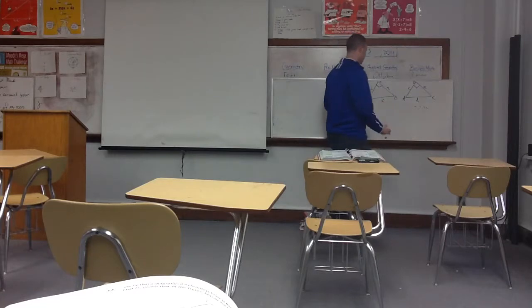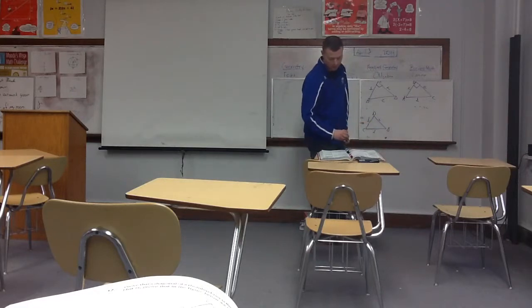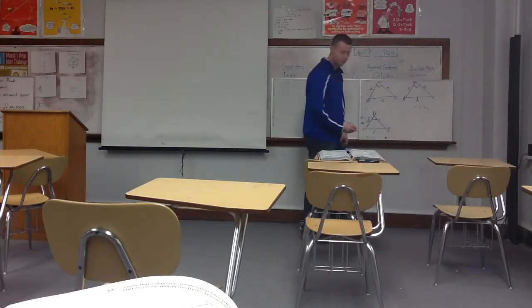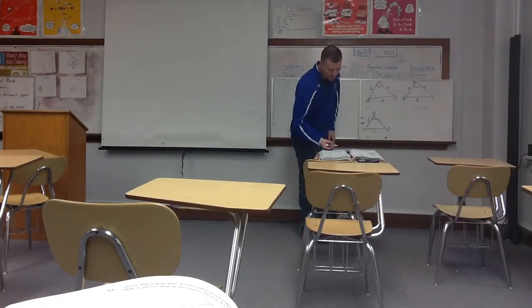And then the last one, we have CDB. So this would be B, this would be C, and this would be D. Alright, and then this is your right angle.